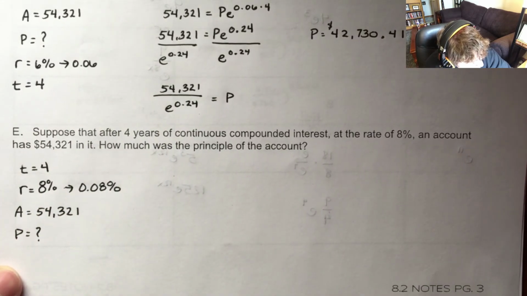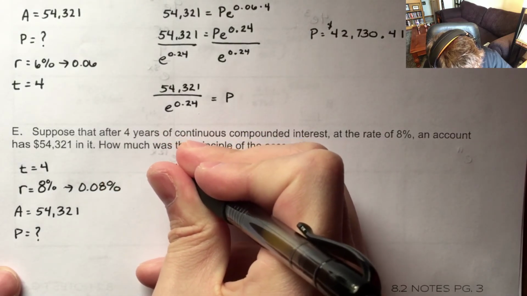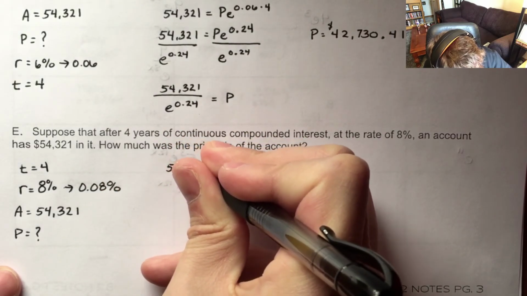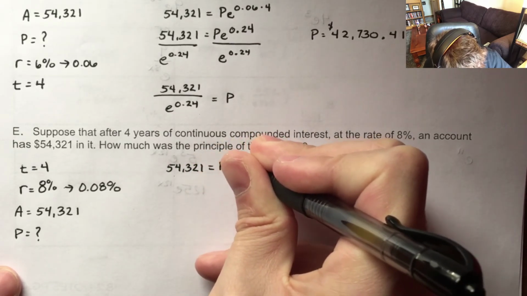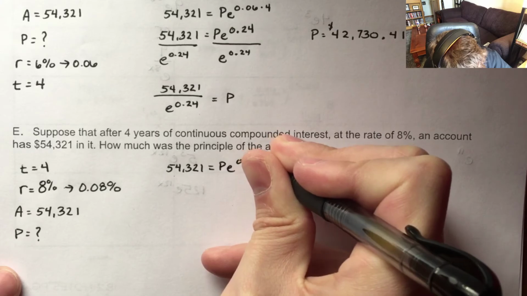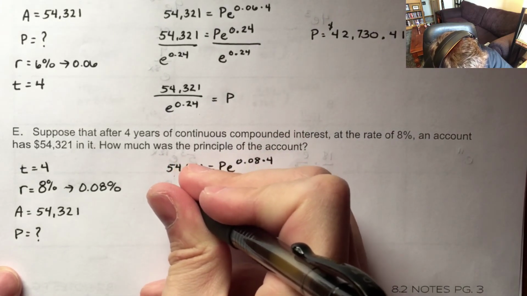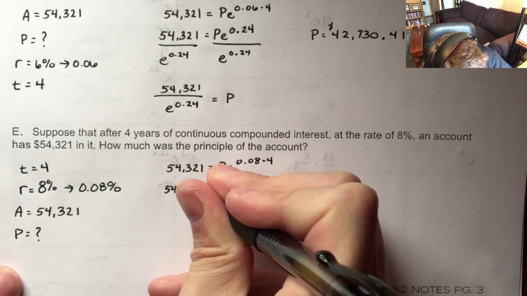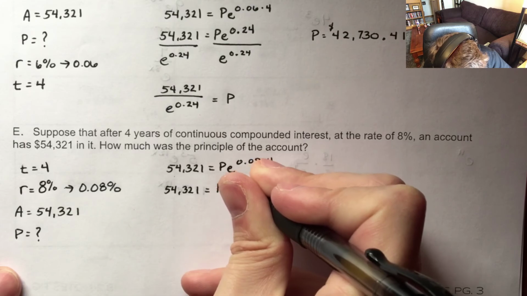Let's use our formula. We know that A, or 54,321, is going to be equal to the principal times e to the 0.08 times 4 power. This means 54,321 is equal to the principal times e to the 0.32 power.